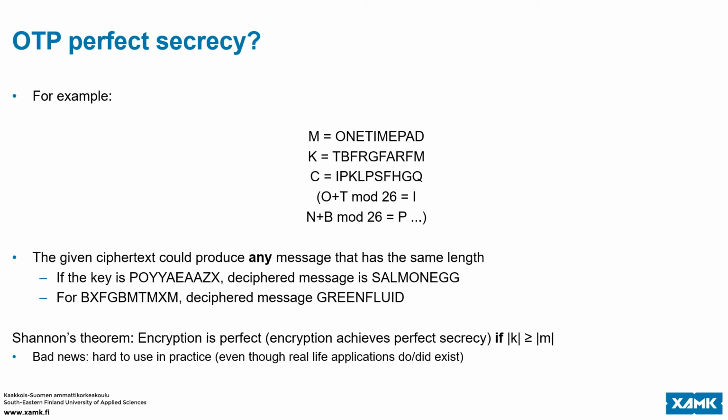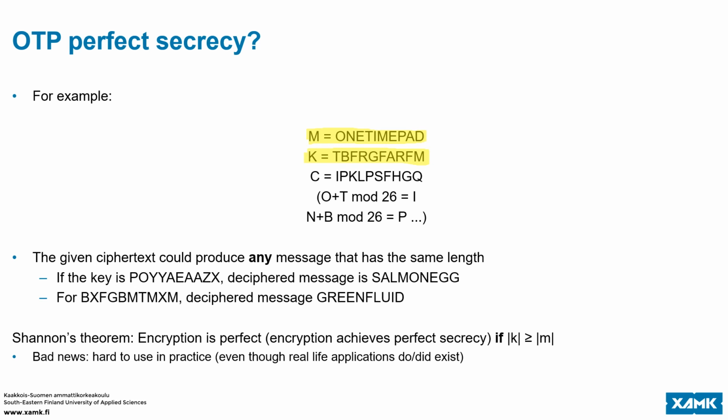What this means in practice, let's consider, for example, a message that reads one-time pad, and then we have a randomly selected key. You will notice I have moved from binary messages to text-based messages, just for the sake of the demonstration.